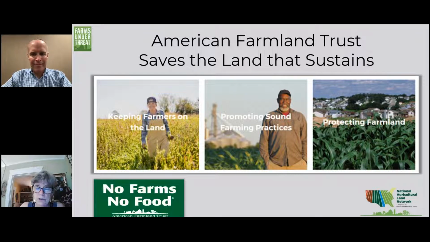It means that our national initiatives and our regional programs focus not just on protecting the agricultural land base, but on the practices used on the land, as well as on the farmers and ranchers who work the land, both those who are on there now and those who will be in the future. Our programs and our research inform our state and federal policy, advocacy, and analysis. We work from farm fields and kitchen tables to the halls of state capitals and Congress, with 6 regional offices and a national office located in Washington, D.C. And with that, let me turn it over to Billy.